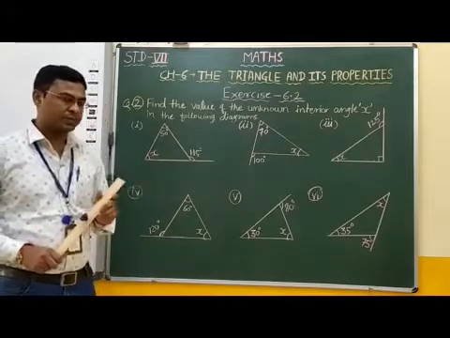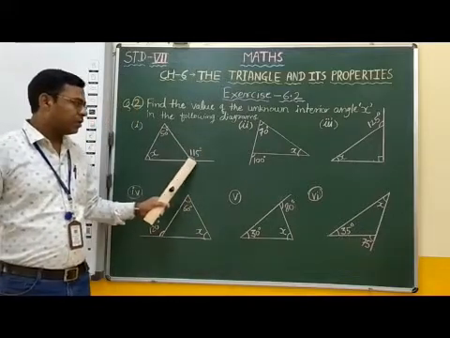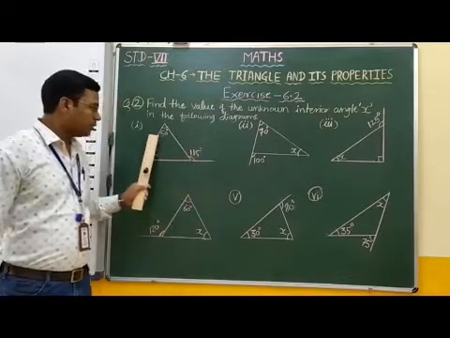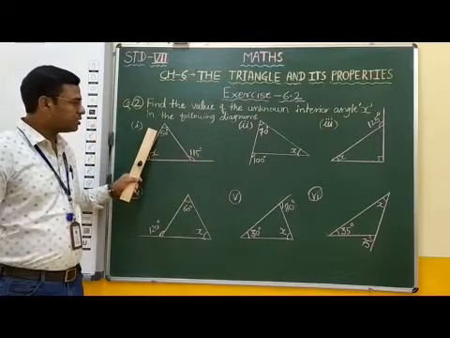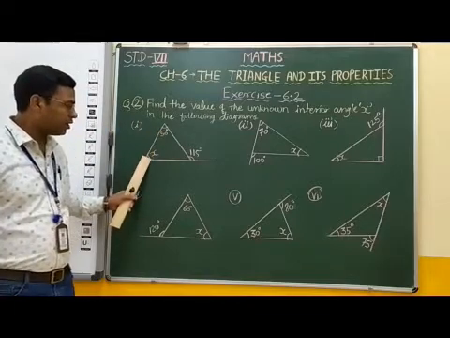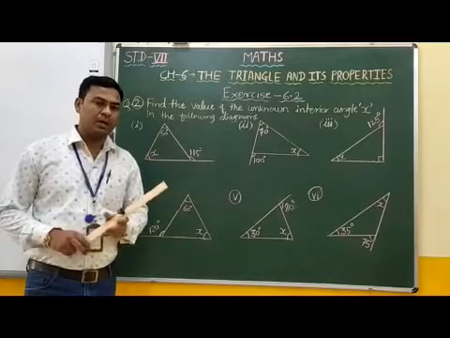Now students, in the first figure, the measure of the exterior angle is equal to 115 degree. The measure of the first interior opposite angle is 50 degree and we have to find the second interior opposite angle.